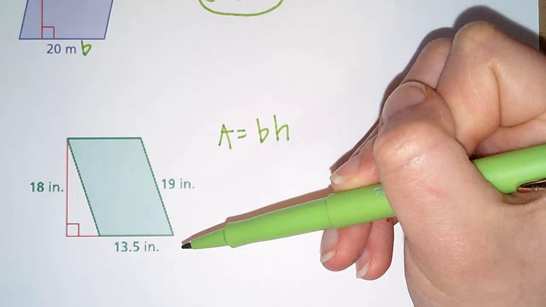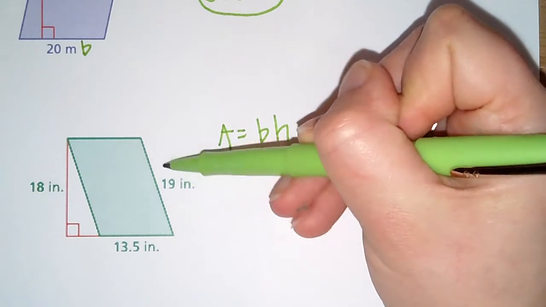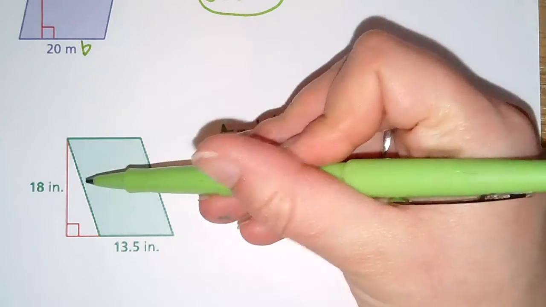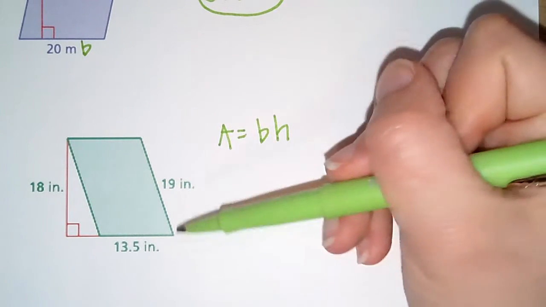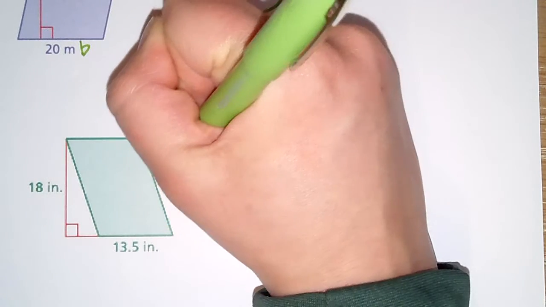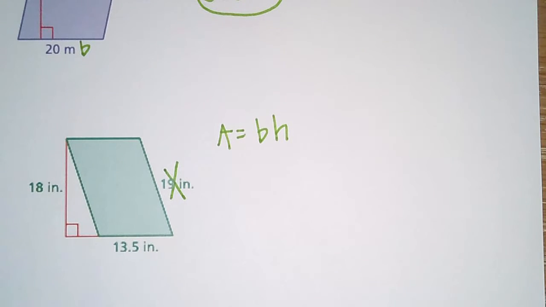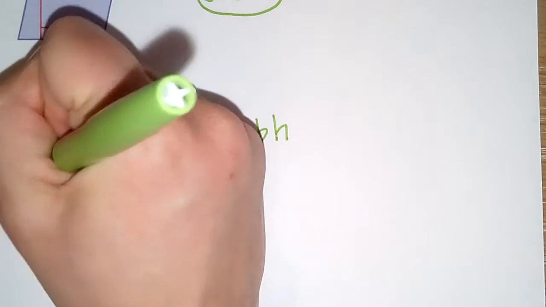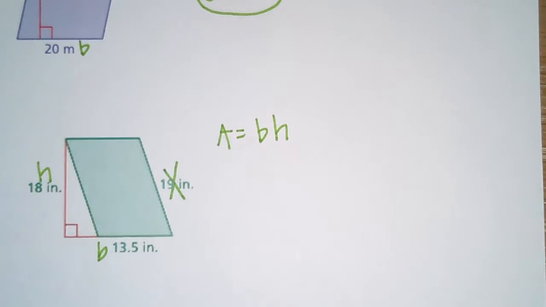But what we need to note is that although 19 could be a base, we don't have a matching height for 19. 13 and a half does not meet 19 at a right angle, so 19 does not get used right now. 13 and a half is our base, and it's met with a height of 18 inches.